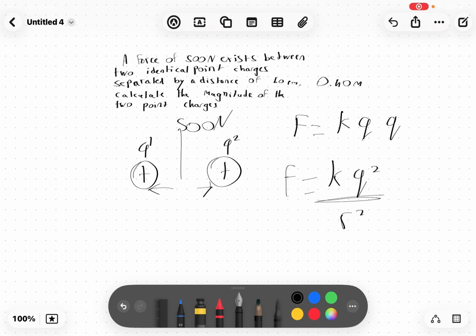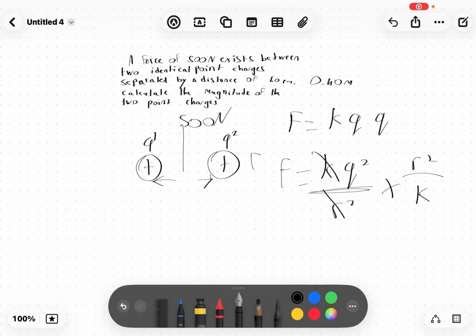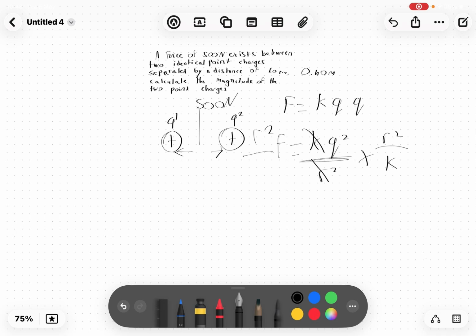Rearranging, we times that whole thing by R squared divided by K, so these cancel. So basically R squared divided by K, and after that we square root. So the formula is Q equals square root of F R squared divided by K. Both of them are divided because they're on the top.